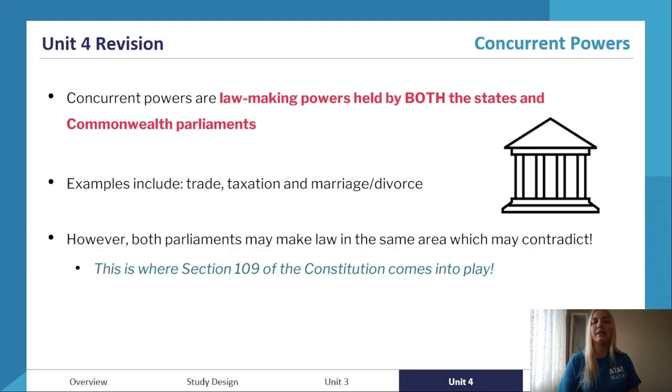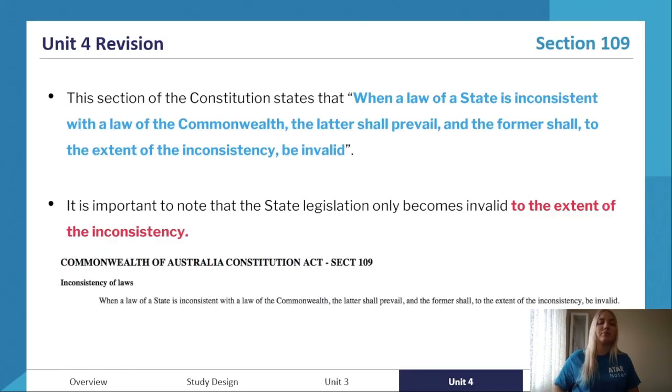So what happens then? And this is where Section 109 of the Constitution comes into play, which you need to know, be able to explain, and link to an example and explain specifically what happens when concurrent powers clash. So Section 109 says that when a law of a state is inconsistent with a law of the Commonwealth, the latter shall prevail, and the former shall, to the extent of the inconsistency, be invalid.